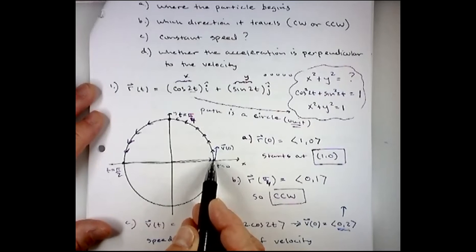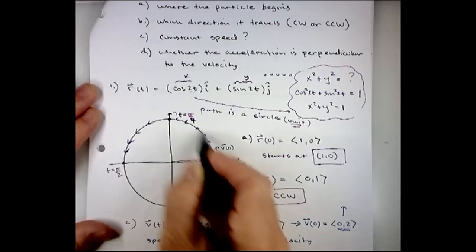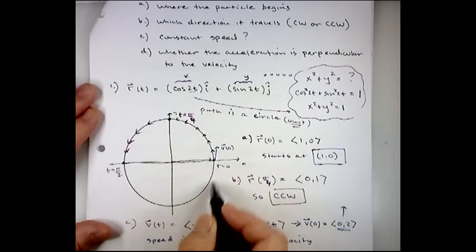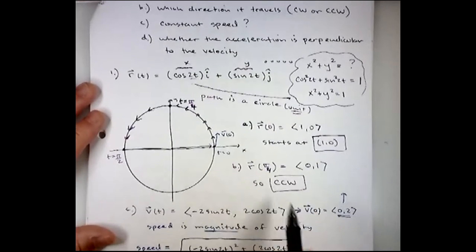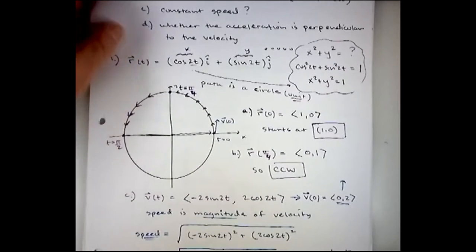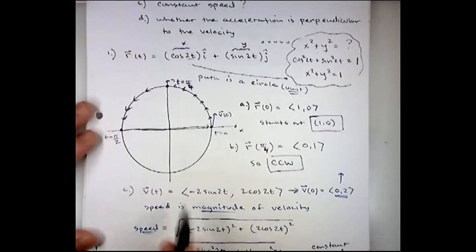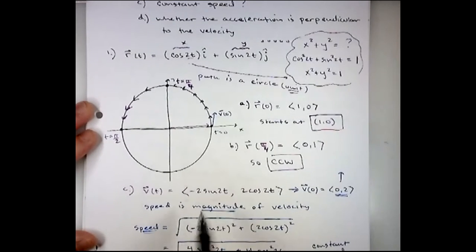To find out what direction the particle is moving around the circle, I want to find the velocity. If my initial velocity is upward, then it would be going counterclockwise. If it's downward, that'll be going clockwise. So if I get my velocity vector, which is the derivative of my position vector, -2 sine 2t, 2 cosine 2t.